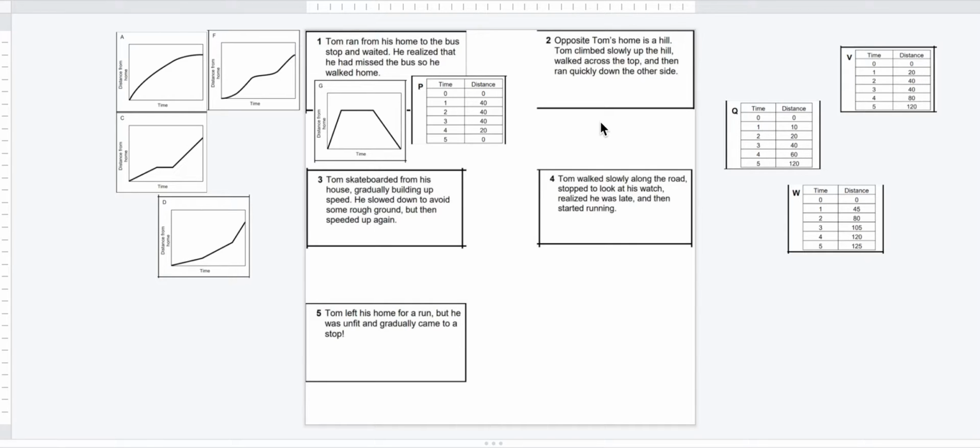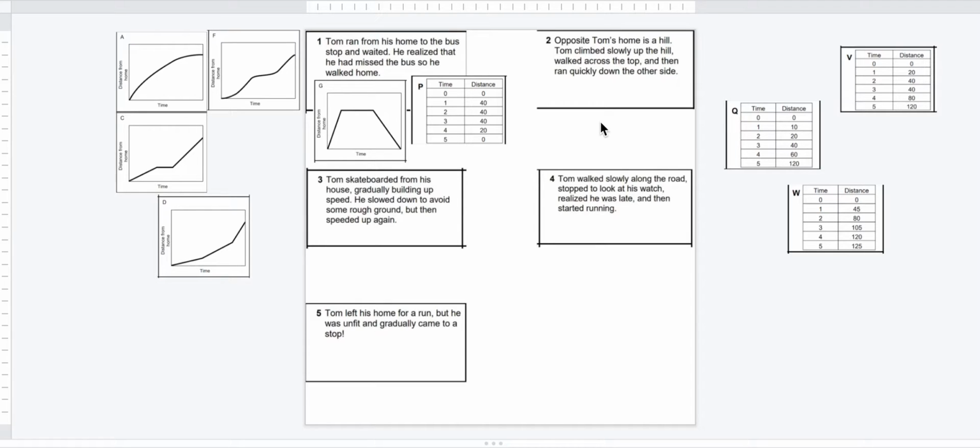He climbs slowly, then he walks, then he runs. So we're really slow, speeding up a little bit, then running quickly. Okay, now remember, this says opposite of his home. So he's leaving home, never says he's going back home. And we can see in the graphs we have left, we don't have any that are headed back home anyways.